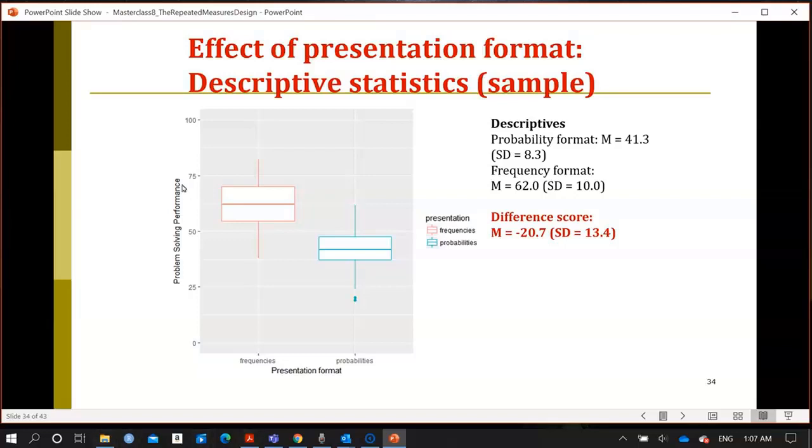We've got here the group, not the groups, it is the same group of participants. So this is only one group, but when the group goes through frequencies, the performance is higher than when the group goes through the probability format. And the difference is 20.7 points.